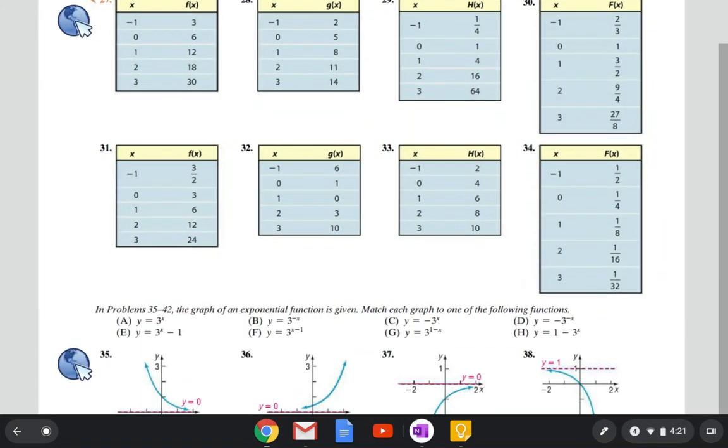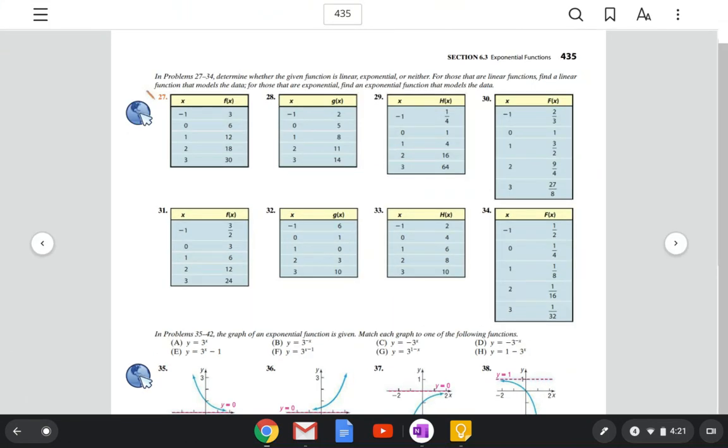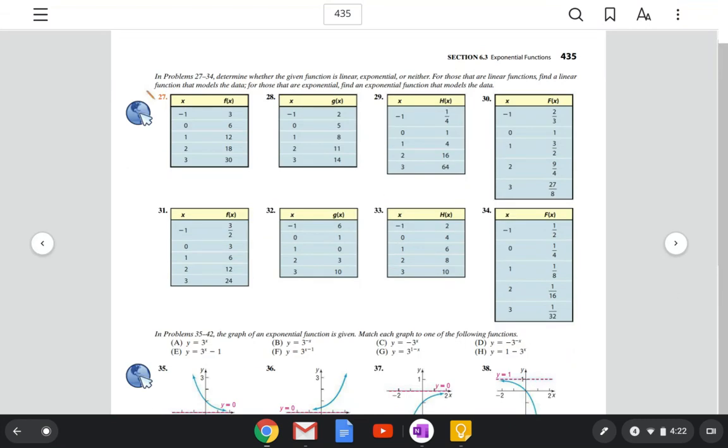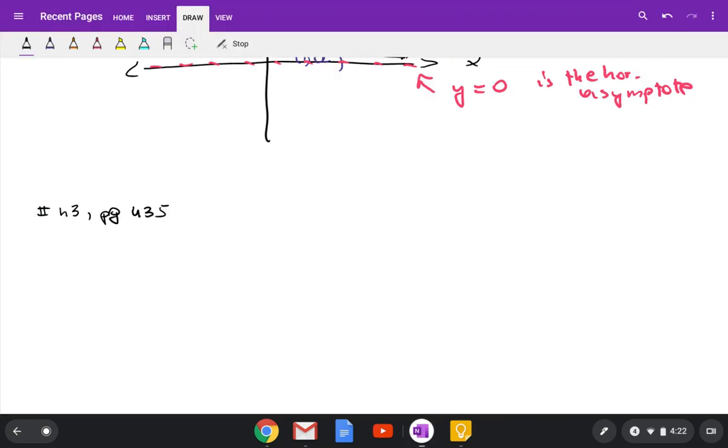Technically, what they want you to do is graph the exponential function using transformation.